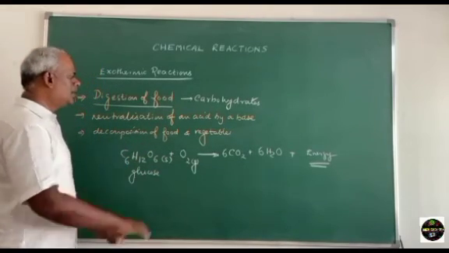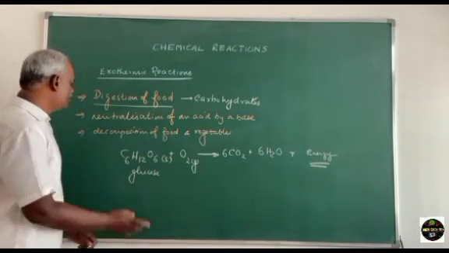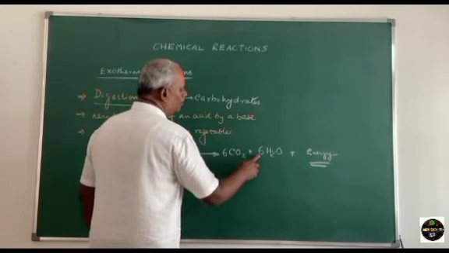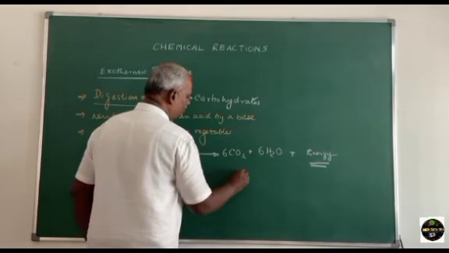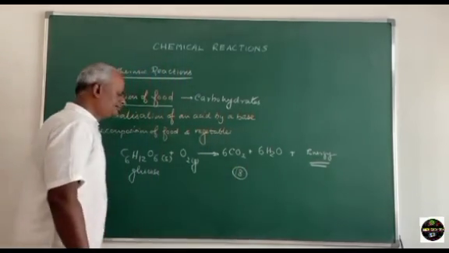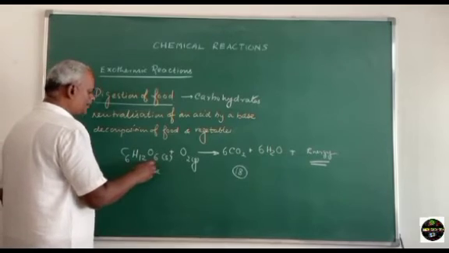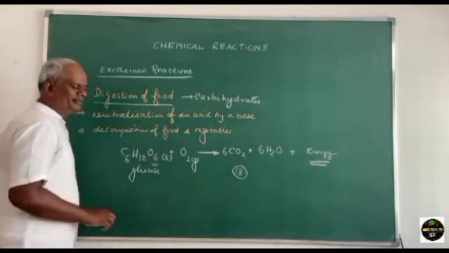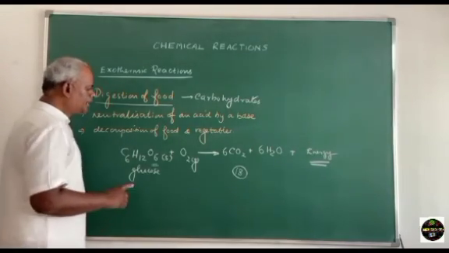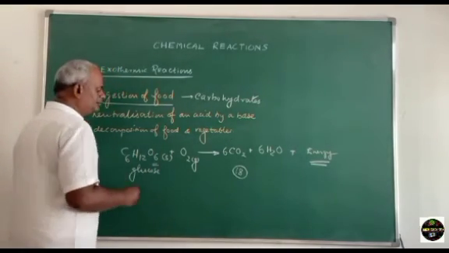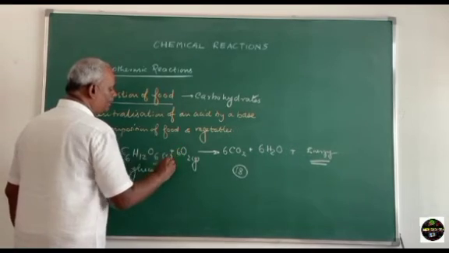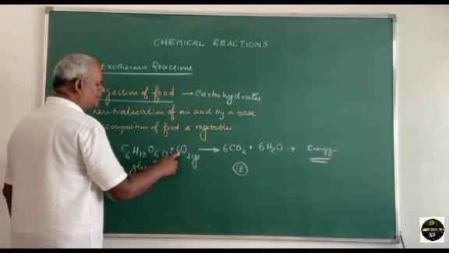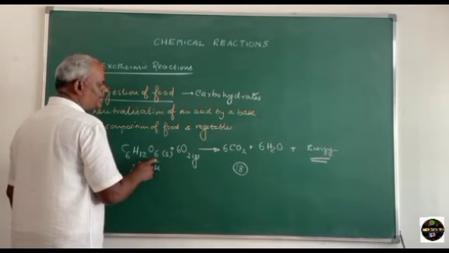So every element is now balanced except oxygen. Now you just count oxygen. 6 into 2, 12, plus 6. So totally there are 18 oxygen atoms. Here already there are 6 in the glucose. So 12 more are required. And in order to get 12 more oxygen, this can be multiplied by 6. Now you see there are 6 into 2, 12, plus 6, 18.